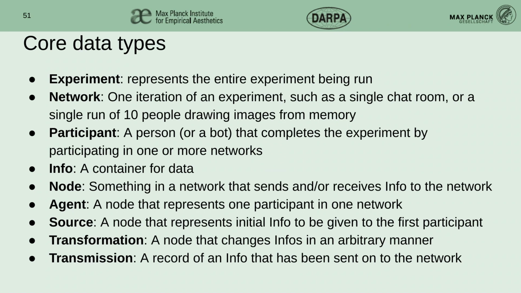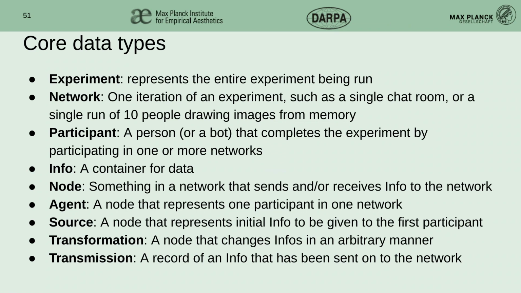A participant, we talked about briefly with JavaScript, is an actual person who has come to interact with the experiment, and then they interact with networks as agents. Info, again, we saw this in JavaScript. That's a container for the data that either gets received or sent.